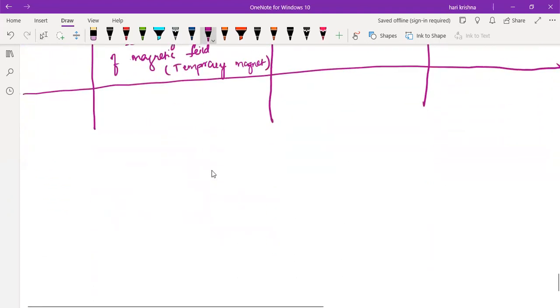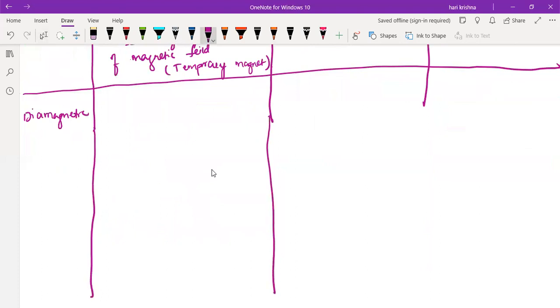The next, diamagnetic. What is the meaning of diamagnetic?